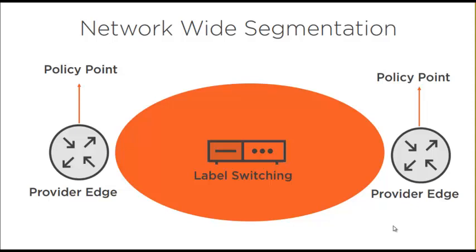So you can assign a different VPN for each department. And one VPN is isolated from the other. They have their own forwarding table. They have their own control and data plane. Every VPN will have its own routing information database.